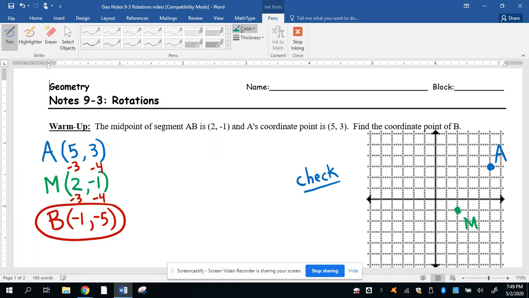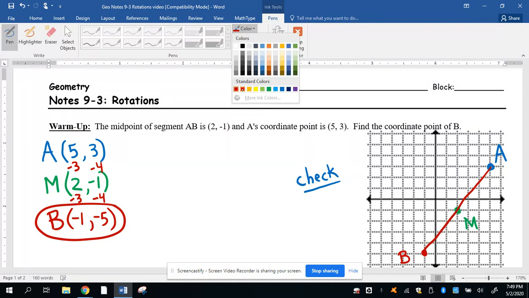And the question asks us to find the coordinate of the other endpoint of AB. And we found out that that was -1, 1, 2, 3, 4, 5 in the negative direction. So that is B. Now you can visualize and see that that does indeed work.